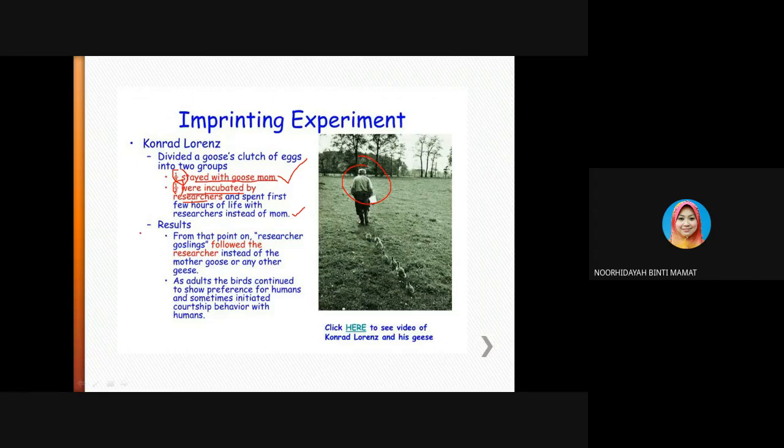The result was that the goslings, the babies of the goose, followed the researcher instead of the mother goose or any other geese, because they spent the first hours with the researcher. As adults, the birds continued to show preference for humans and sometimes initiated courtship behavior with humans.